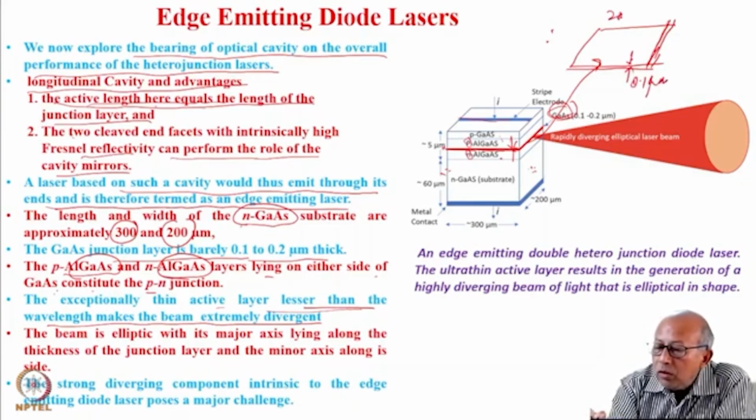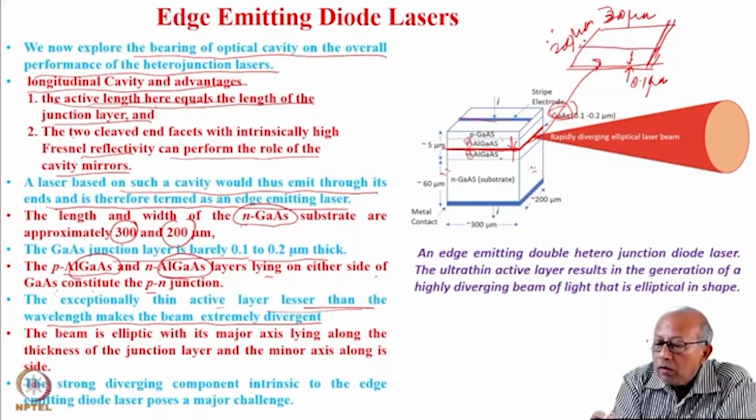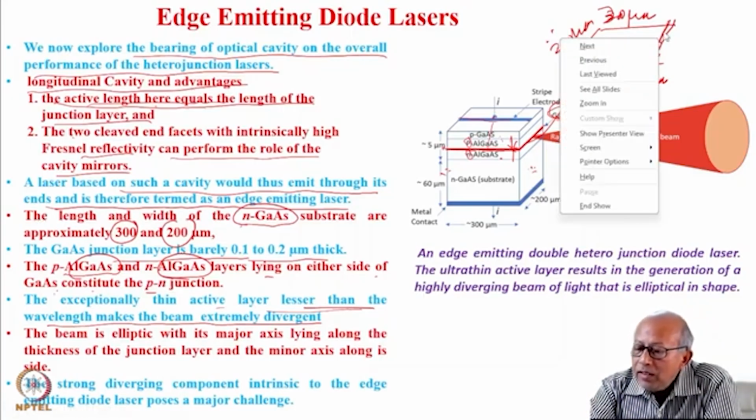Length is 200 micron. And width, so length is 300 micron, width is 200 micron. And the current actually flows to this stripe, so the current flows like this. So you see, this is the lasing area.